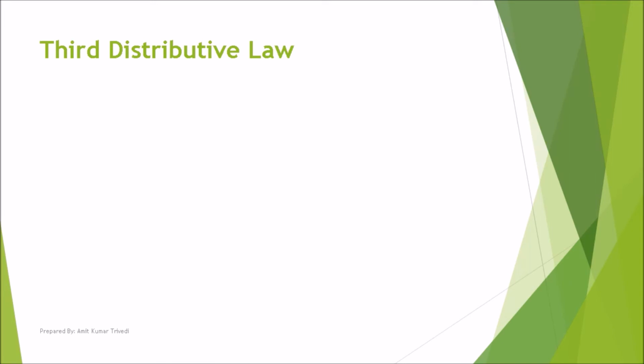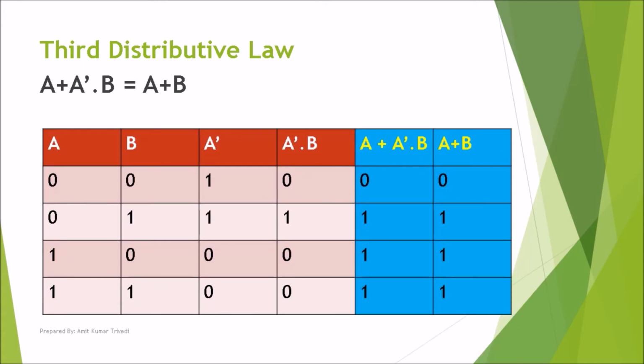Then third distributive law, that is a plus a complement dot b equals a plus b, and in truth table the second last column represents LHS and the last column represents RHS, and again you can see both the columns are identical, hence it is proved.